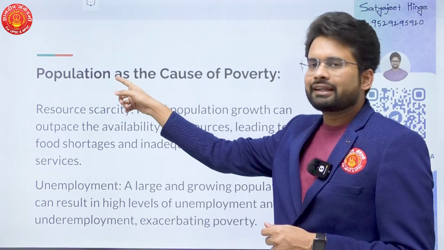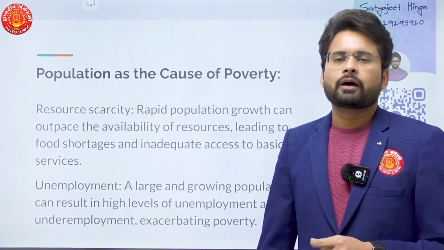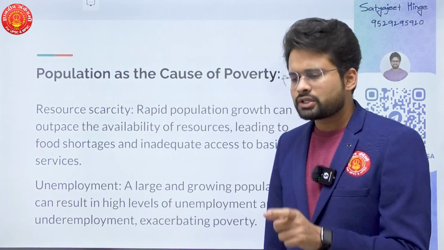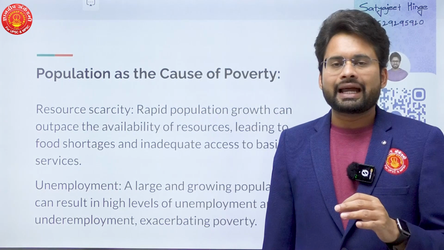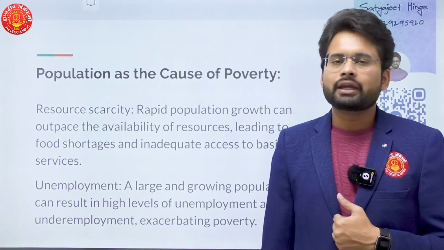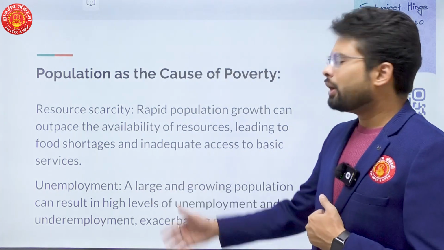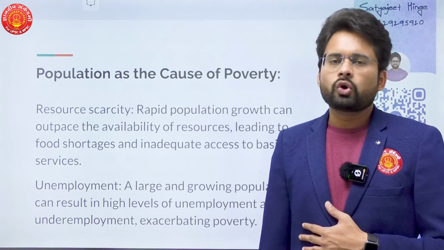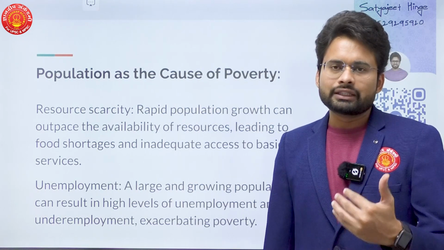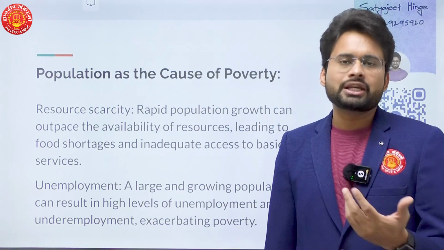As the population increases, a resource crunch will occur, and because of the resource crunch, per head budgetary allocation on health, education, and improving lifestyle will be in deficit. And unemployment will increase because the jobs we are generating are much fewer than the increasing workforce or population.